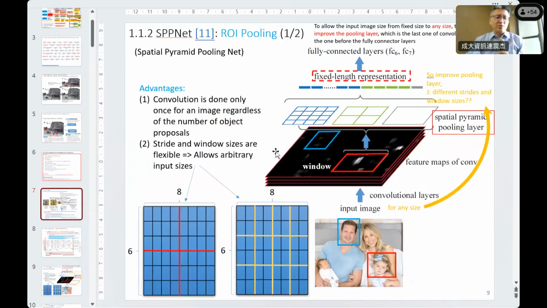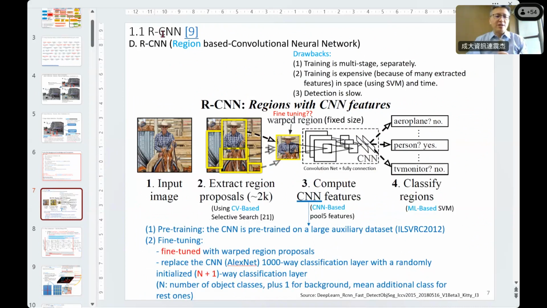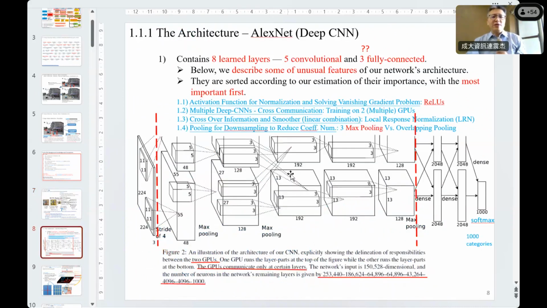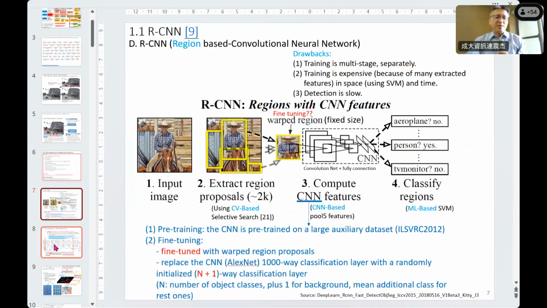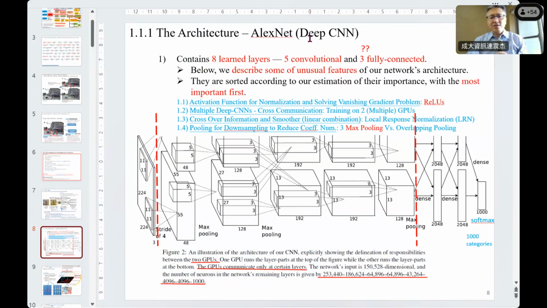So people thought about how to improve this, but before we talk about that, we would like to talk about the extraction. The CNN at that time was AlexNet. AlexNet has three max pooling layers for downsampling.